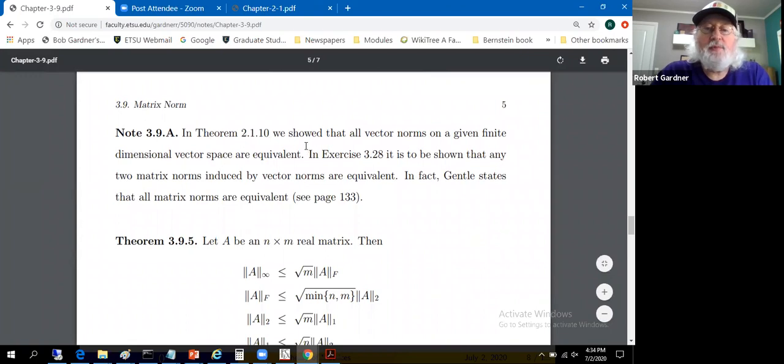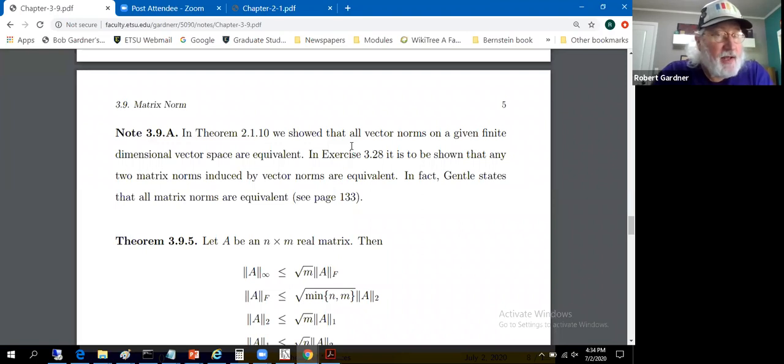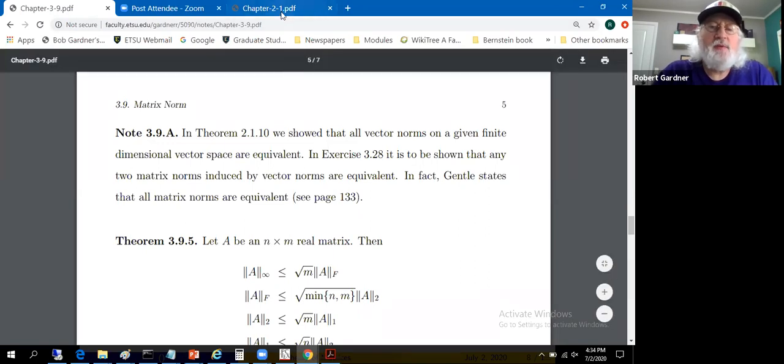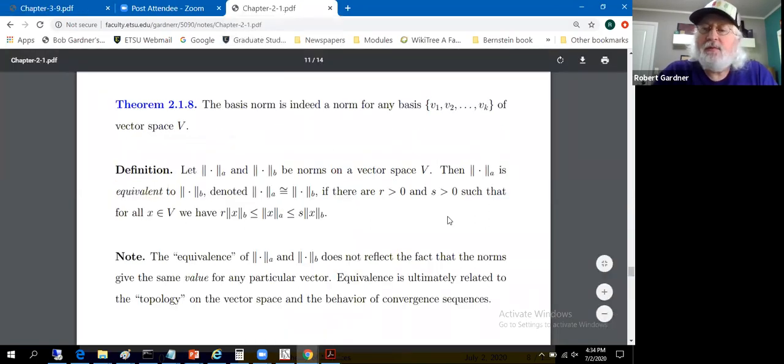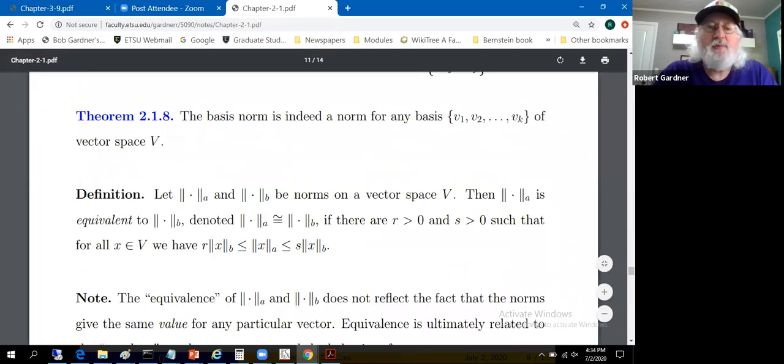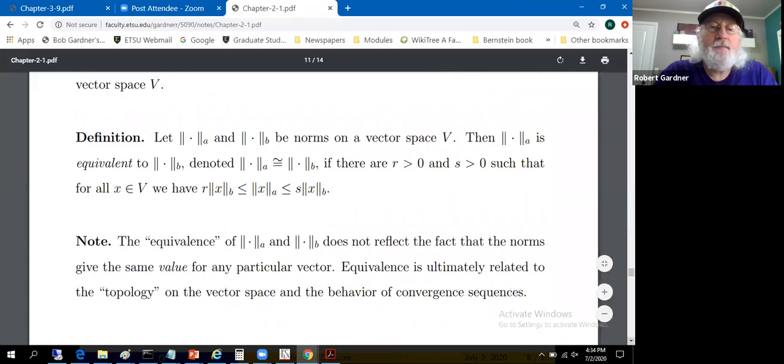We showed in Theorem 2.1.10 that all vector norms in a finite dimensional vector space are equivalent. Let's look at the definition of equivalent norm. It's been a while. The definition of equivalent norm was exactly what's given here from some notes from section 2.1.